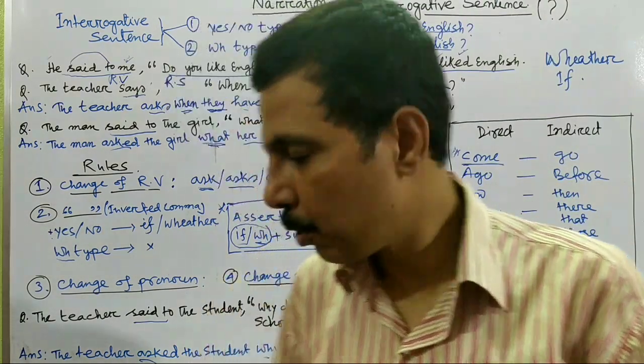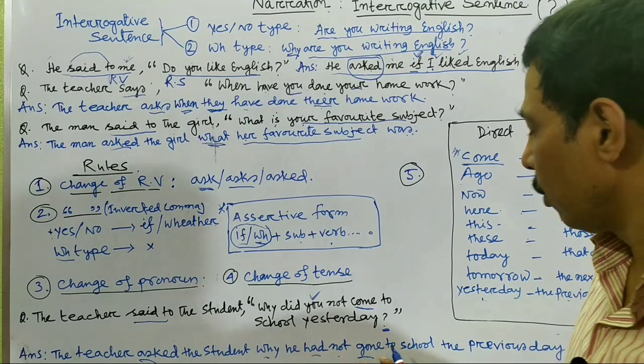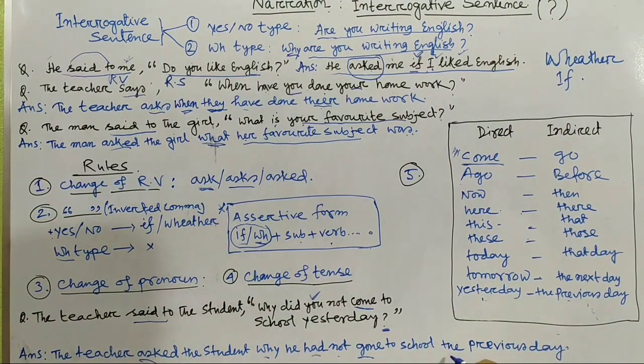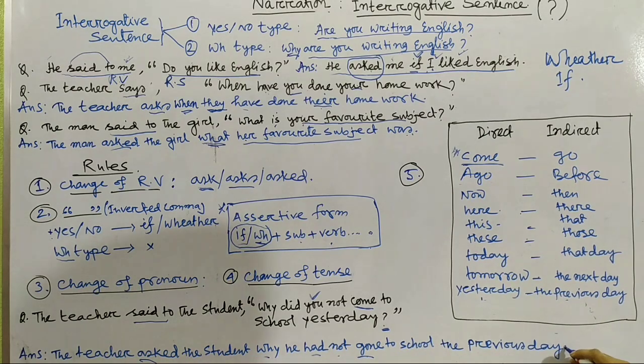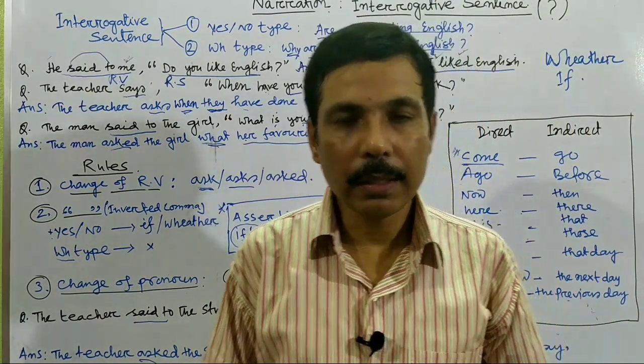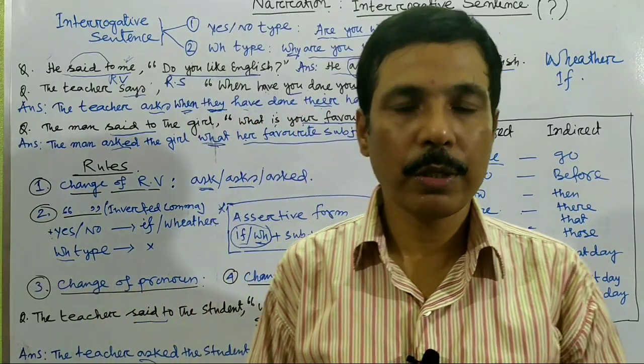The teacher asked the student why he had not gone to school the previous day. Yesterday changes into the previous day. And at last, you must not forget to put a full stop. So here are the changes of interrogative sentence from direct speech to indirect speech.